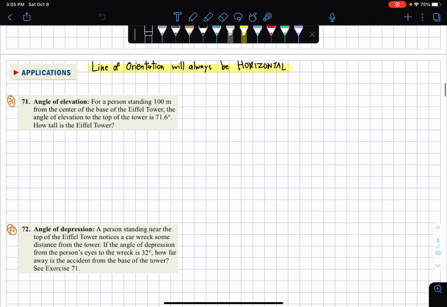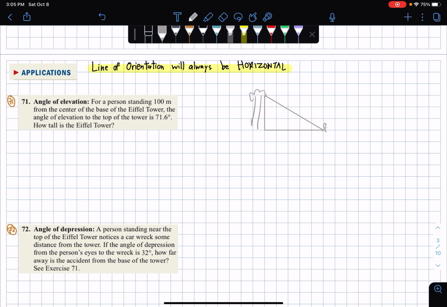You have to note though that in all these problems, the line of orientation will always be horizontal. But in the first place, what does the line of orientation mean in the context of this lesson? In a situation wherein usually we have right triangles, let's say this is a tree and this is where you are.